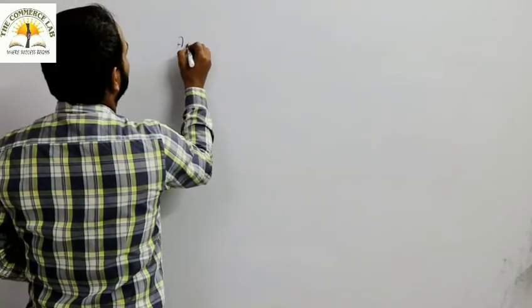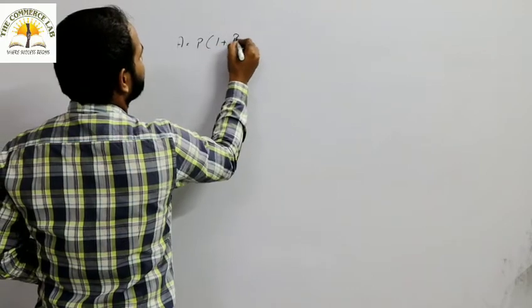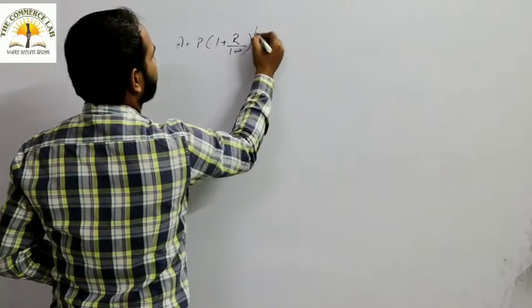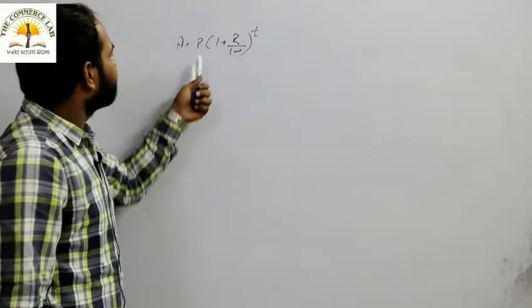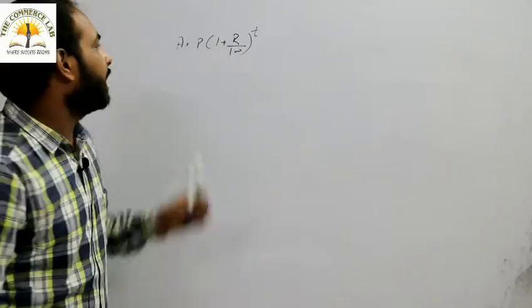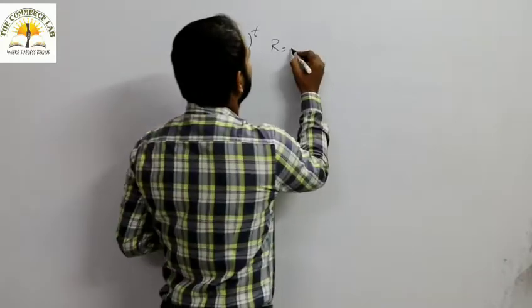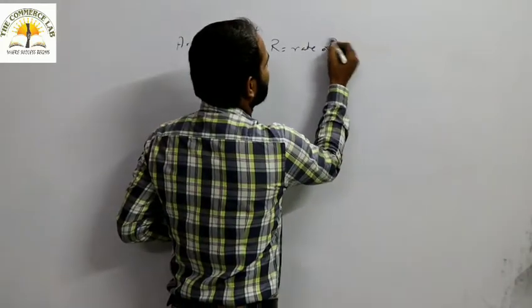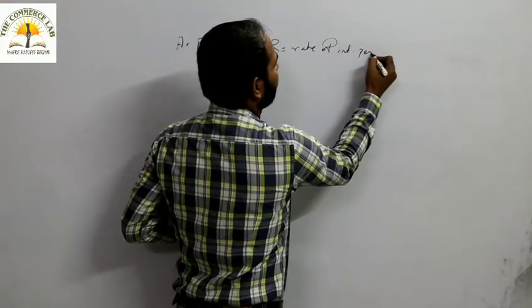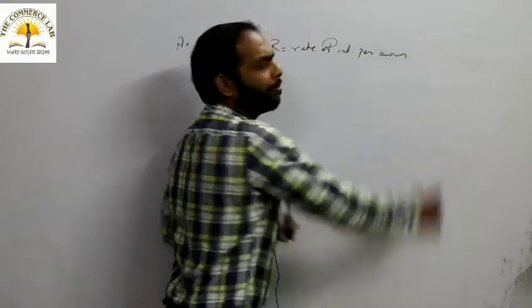We know A equal to P into (1 plus R by 100) to the power T. Here R is, by default, the rate of interest per annum.